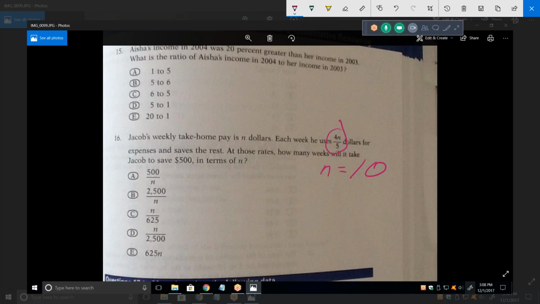He spends $8. Okay, so he spends 8 and saves 2.